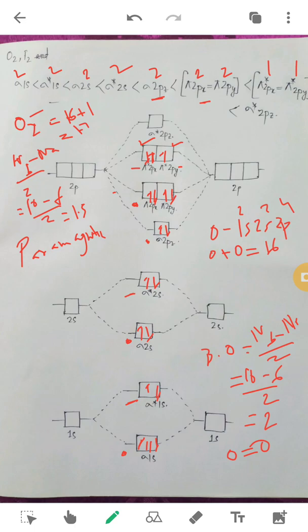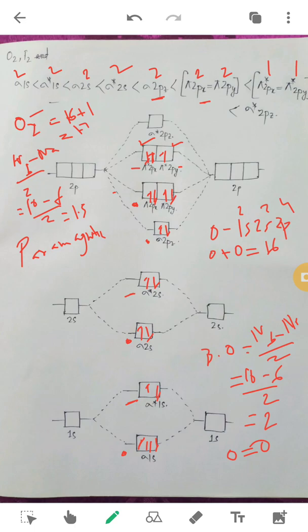And bond dissociation energy, that is the energy required to break a bond, will be inversely proportional to the bond order. Sorry, directly proportional to the bond order. Because if bond order increases, the more energy you require, so bond dissociation energy will be higher.